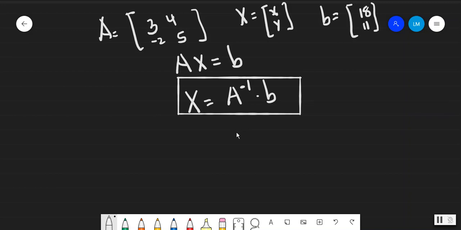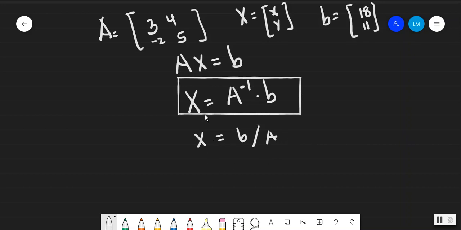Now, I'm using this term inverse because that's exactly what it is. But in the calculator, if you do something like A divided by B, or B divided by A, it's going to recognize what you mean.